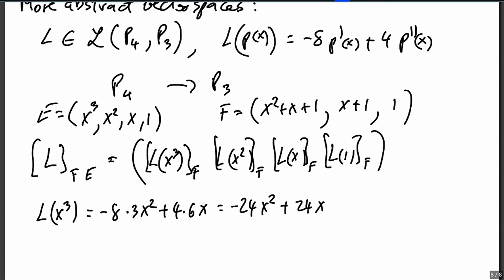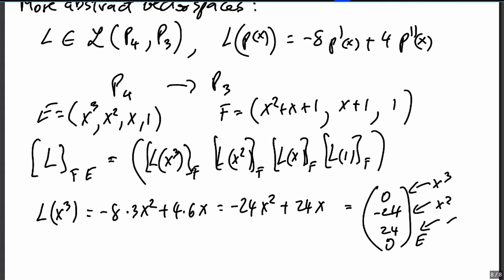The problem with this is that right now this can be written in the E basis easily. So in the E basis, this would be 0, -24, 24, and 0 in E, using the coefficients for x cubed, x squared, x, and then for 1.